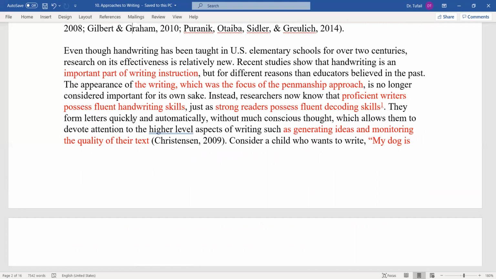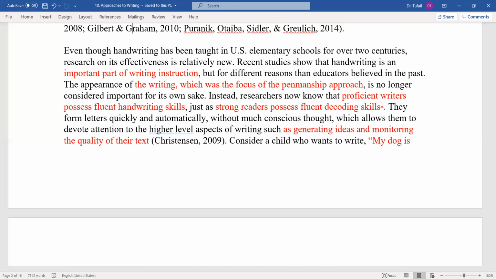If a writer has writing skill but is not fluent in the mechanical techniques of writing, then his writing fluency would be hampered. As a strong reader needs fluent decoding, a strong writer needs fluent handwriting skills. Even today, we cannot rule out the importance of handwriting. It is there, we need it.